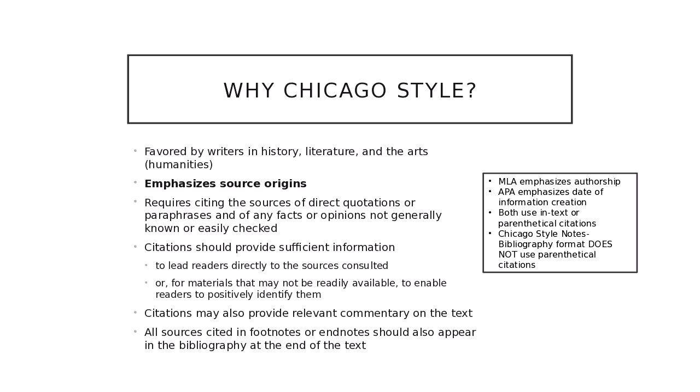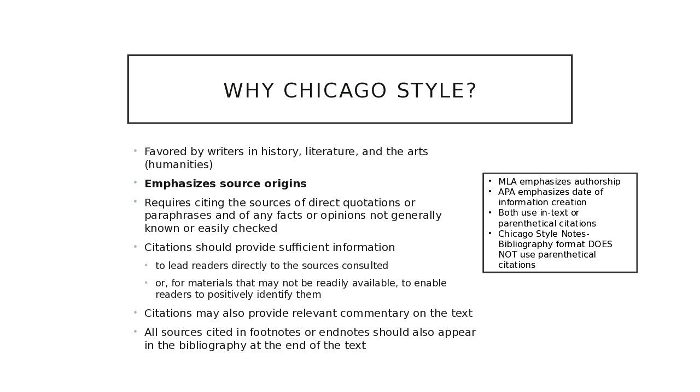So Chicago style is favored by scholars in the humanities, primarily historians, literary scholars who also use Chicago, and scholars in the arts. One of the differences between Chicago and other citation styles is its emphasis. We say that Chicago emphasizes the origins of a source because really what you're doing is your research is your sources. And so you want to show that research in the way you cite your primary and secondary research materials.